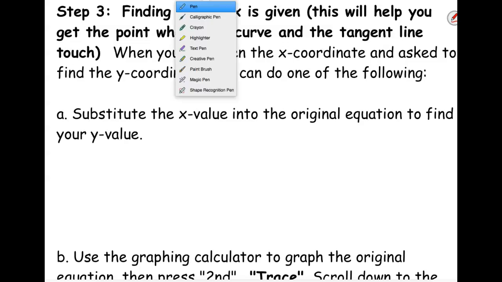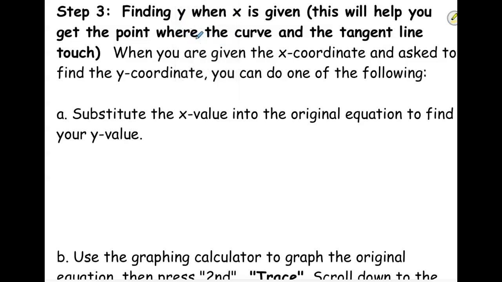So what are we asking you to find? Finding y when x is given. What you're doing is you're finding the point where the curve and the tangent line touch. So when you're given the x coordinate, you're asked to find the y coordinate.